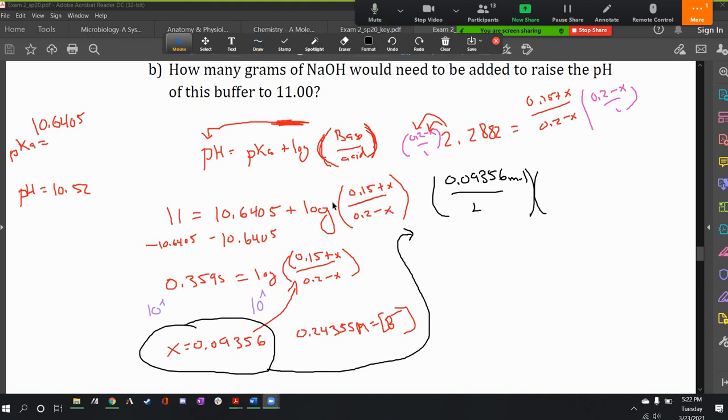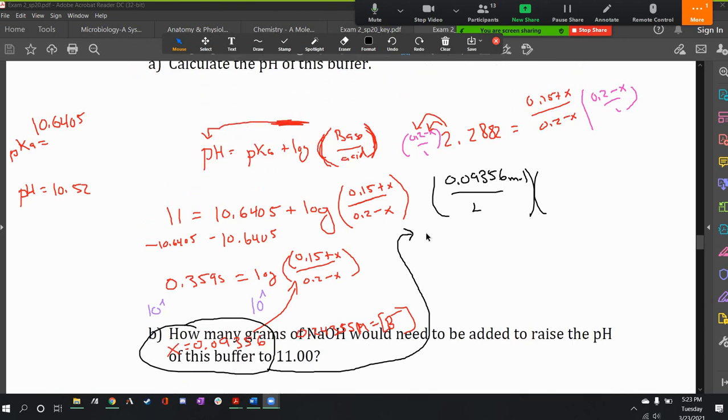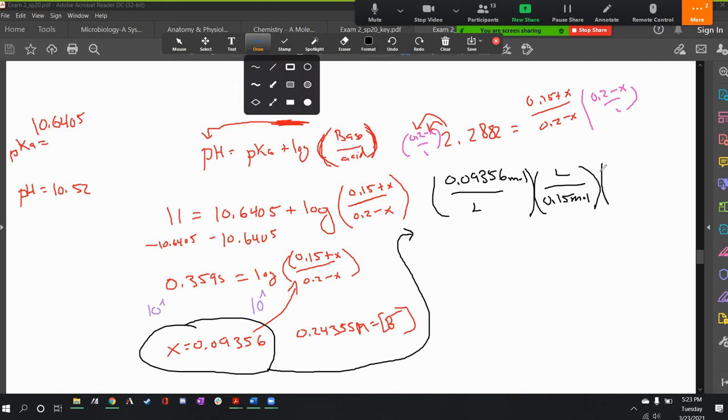And then our concentration that we're working with is 0.15 molar, 0.15 moles per liter. And then grams per mole. No, I give up.